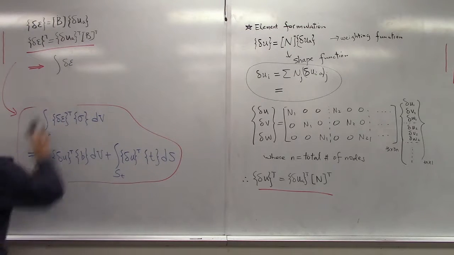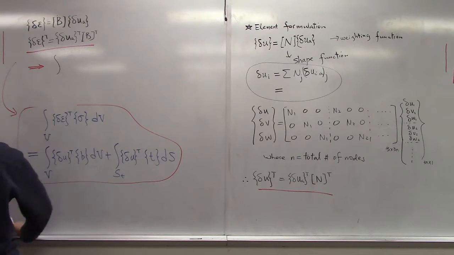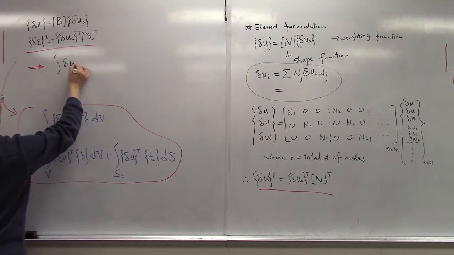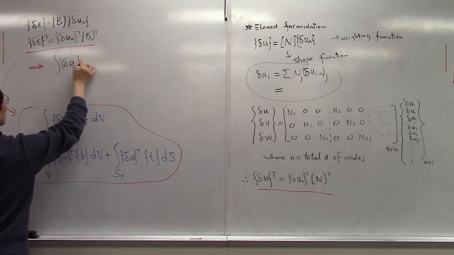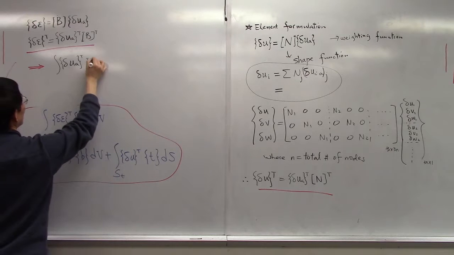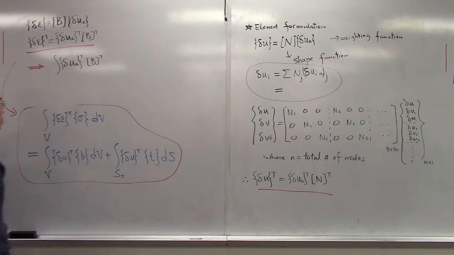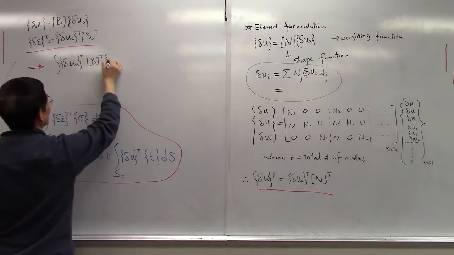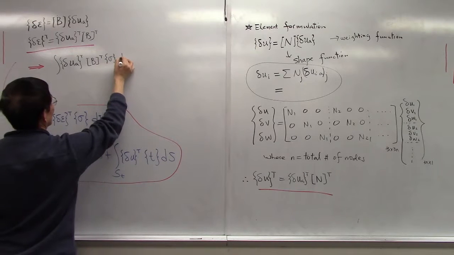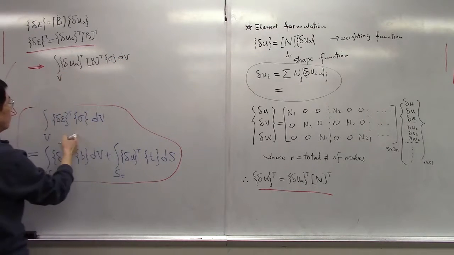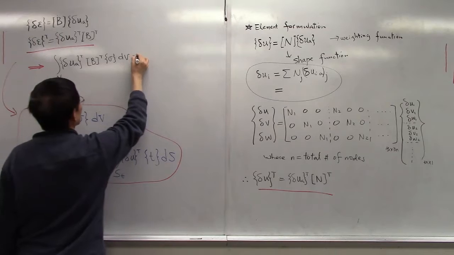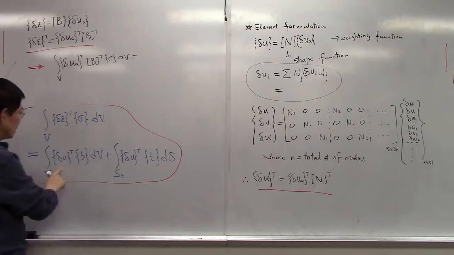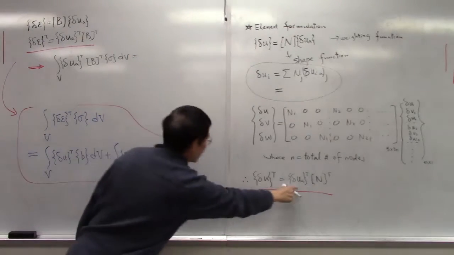Delta epsilon is this one. So it is delta UA transpose and B matrix transpose, and then times this sigma here. This is the first term, then equals this term. This delta U transpose is this one.